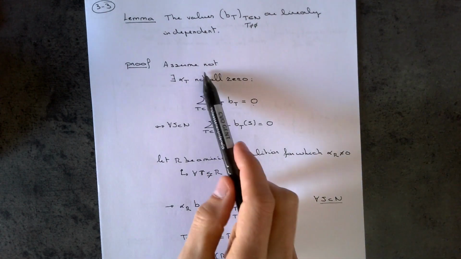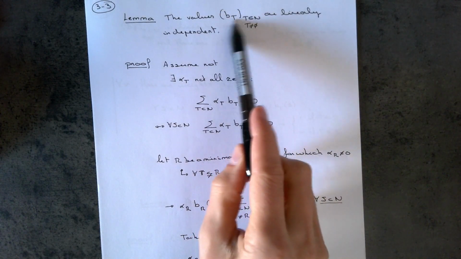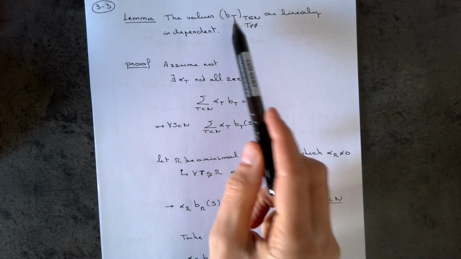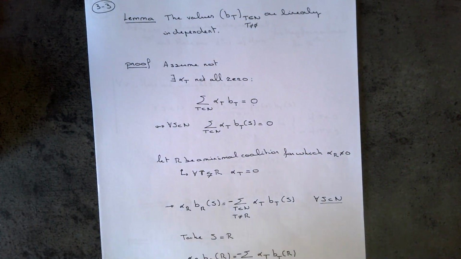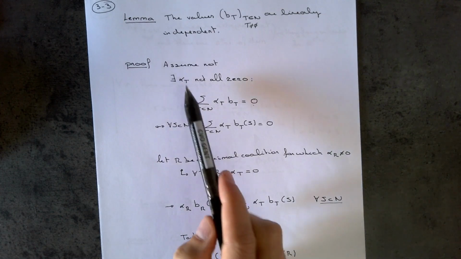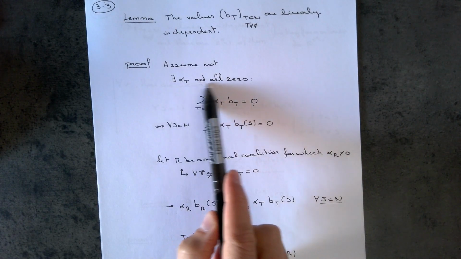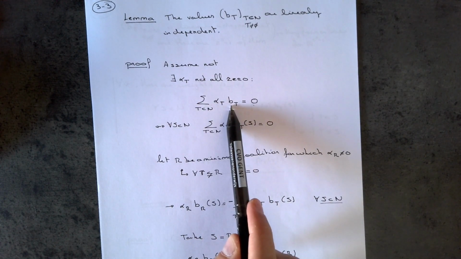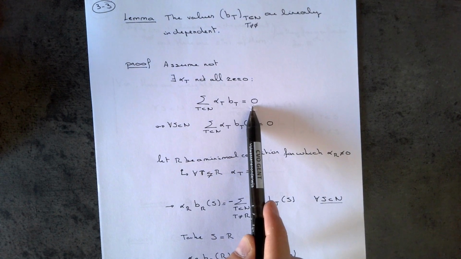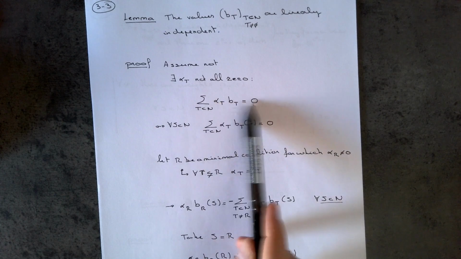So assume that they're not linearly independent, which means that you can take non-trivial linear combinations of these vectors that will add up to 0. In other words, there exist coefficients alpha_T, not all equal to 0, such that the linear combination of alpha_T times B_T is equal to 0. And here this is the 0 vector. So this is a vector equality.